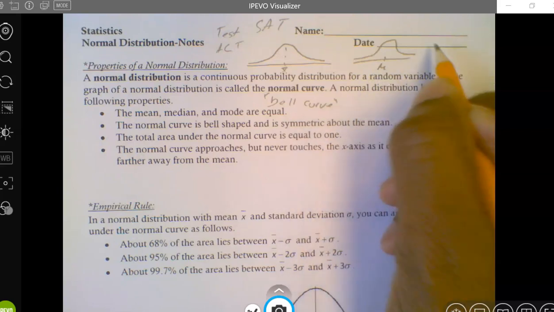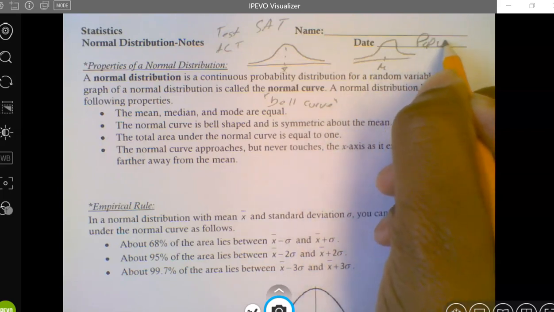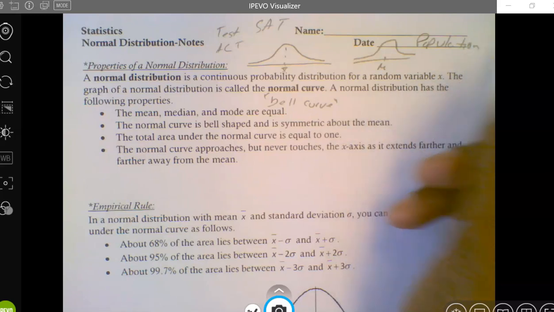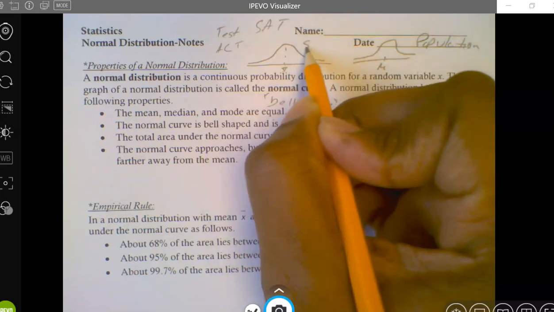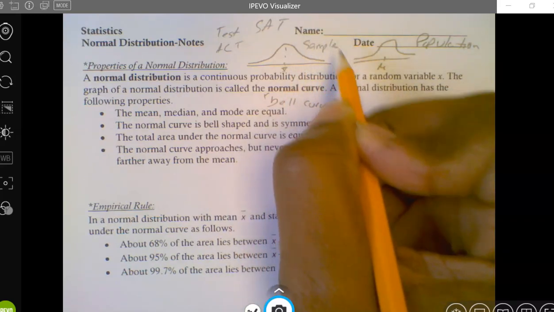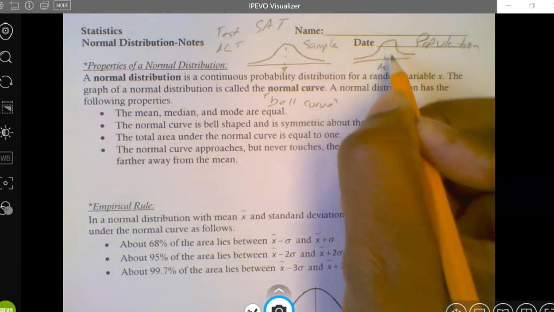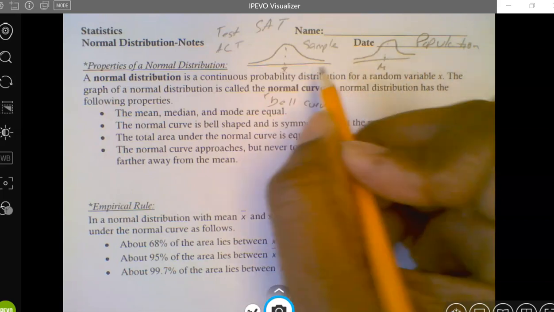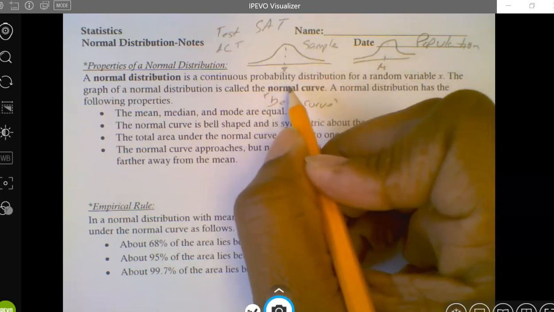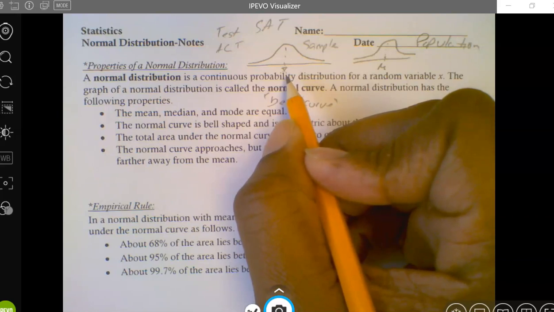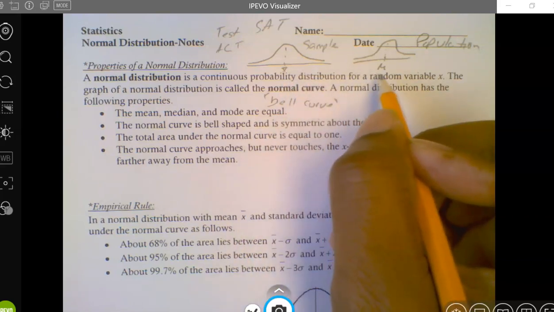Mu would be a population mean, and x bar would be a sample mean. They both look the same, but one represents the entire population and one represents a subset of that population. We usually use x bar. Rarely do we have the whole population, but sometimes we do.